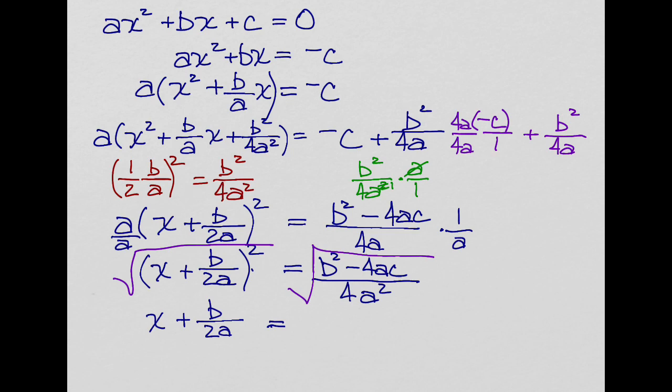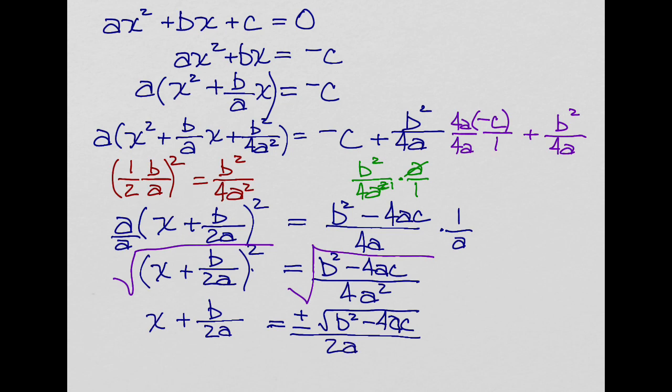So I'm just going to have the square root of b squared minus 4ac. That was supposed to be an a. And since we introduced the square root in there, I have to consider both the positive and the negative square root. The square root of 4a squared, we can actually do that one. The square root of 4 is 2, and the square root of a squared is just a.